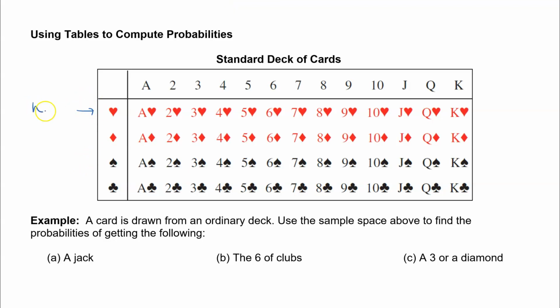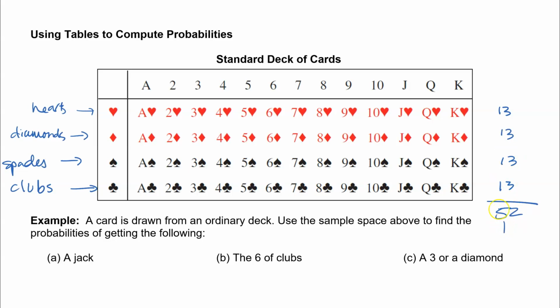So we've got hearts. There are 4, we call them suits, diamonds, spades, and clubs. There's 13 of each of these rows for a total of 52 altogether. So there's 52 total cards.